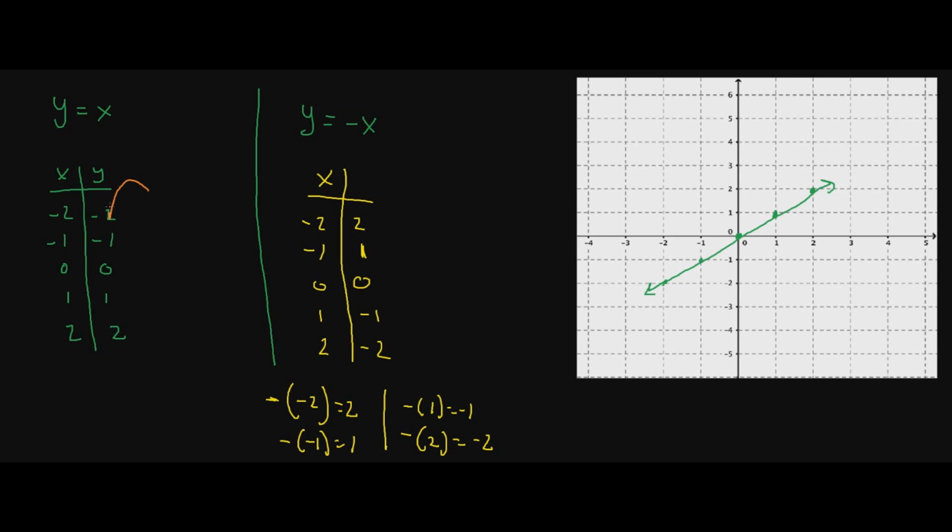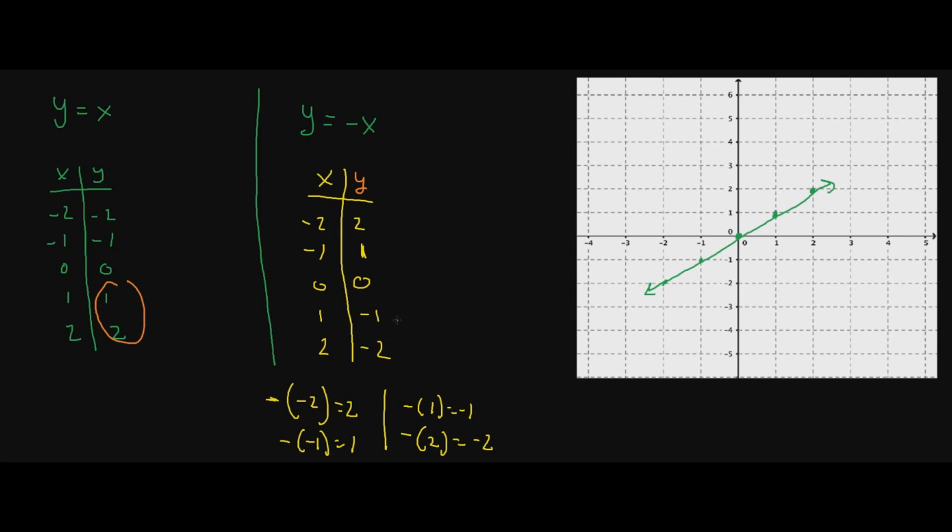All right. Well, what do you notice? Just look at these y values. Look at these y values right here. And look at these y values. Okay. What do you notice is different between them? Well, you'll notice here we started out, we had -2, -1 over here. And now it became positive.